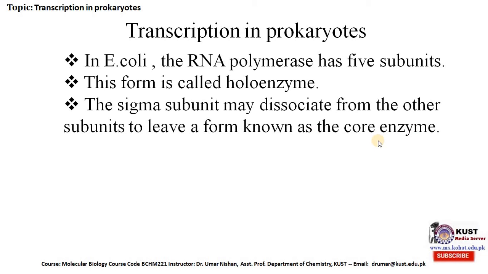So the sigma subunit has the capability to associate with or dissociate from the RNA polymerase. When all the 5 subunits are there, it is the RNA polymerase in the form of holoenzyme.